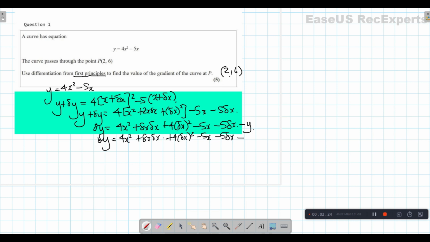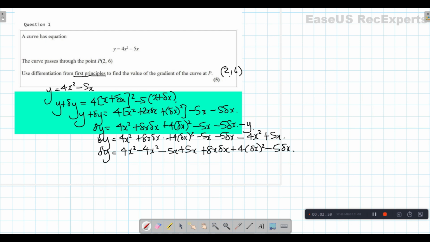y is 4x squared minus 5x, so minus 4x squared minus 5x will be positive 5x. So delta y equals 4x squared minus 4x squared, minus 5x plus 5x, and then plus 8x delta x plus 4 delta x squared minus 5 delta x.